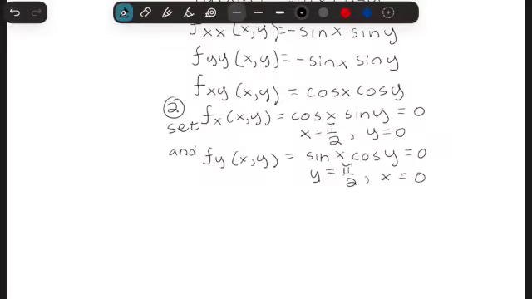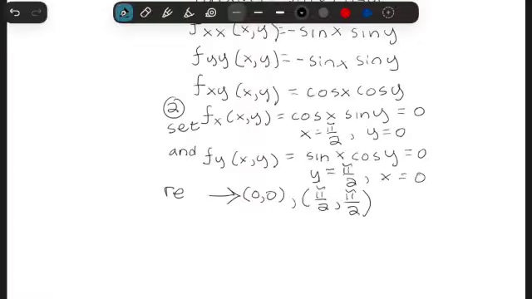All right, so that gives us our critical points of (0, 0) and (pi over 2, pi over 2). So (0, 0), obviously we have to reject that because we can't have angles of 0.